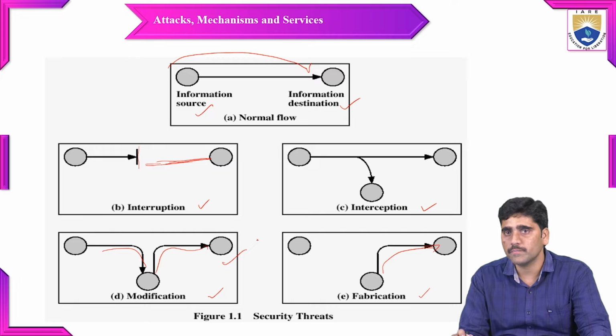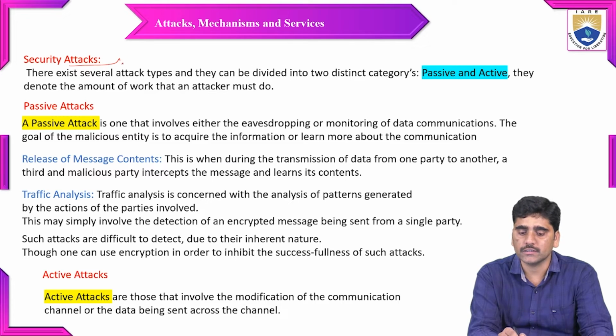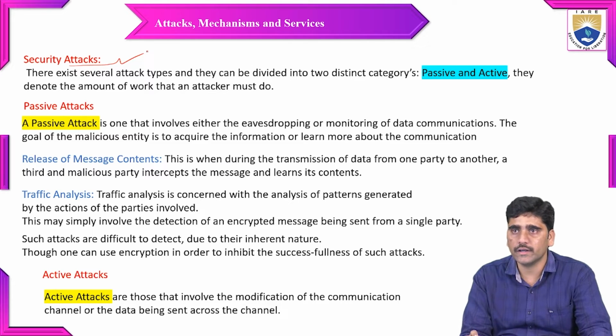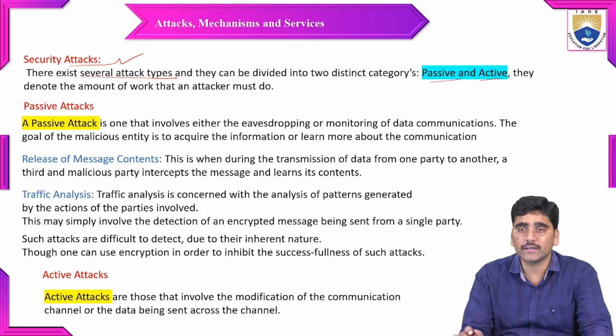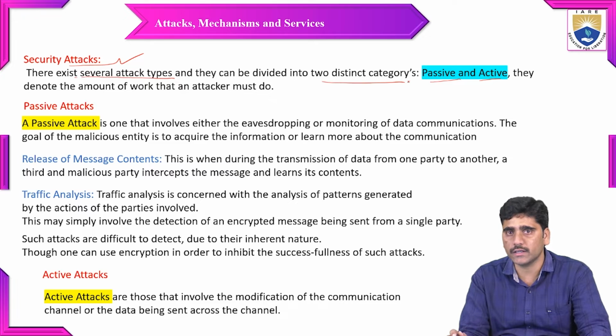So these are the different types of attacks. Now we'll see how the attacks happen. First, security attacks. There are two types of attacks: passive and active. Several attack types exist, and they can be divided into these two categories.